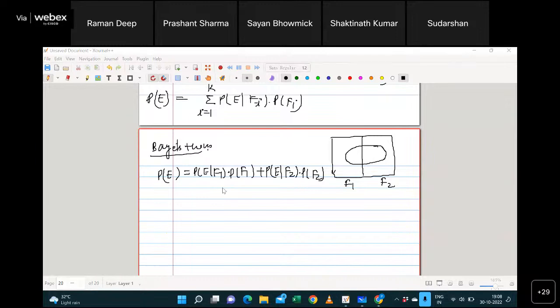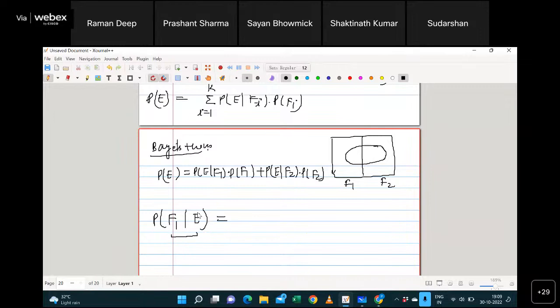Now Bayes theorem is saying, what will be the probability of, let's say, F1 when E has occurred? It is given that E has occurred, then what's the probability that it occurred in F1? Are you getting it?